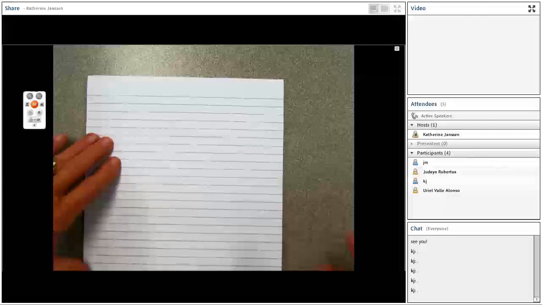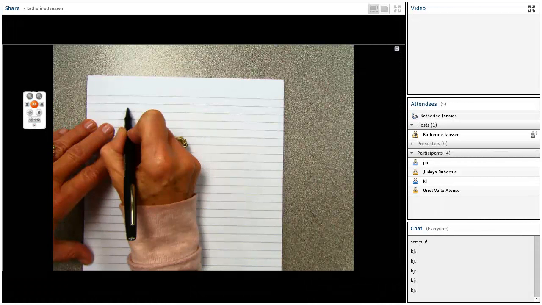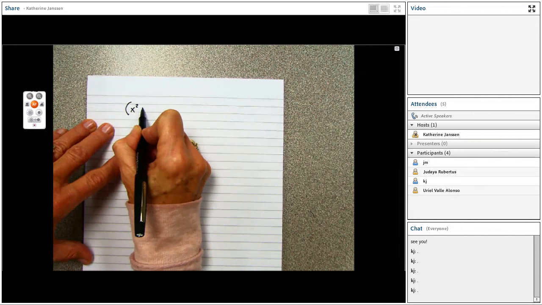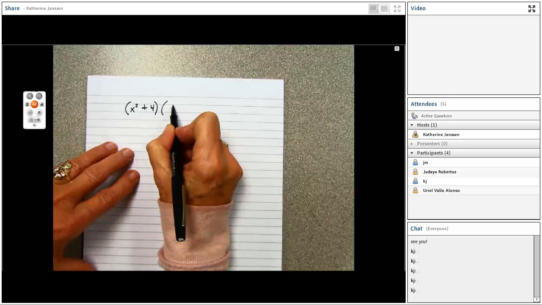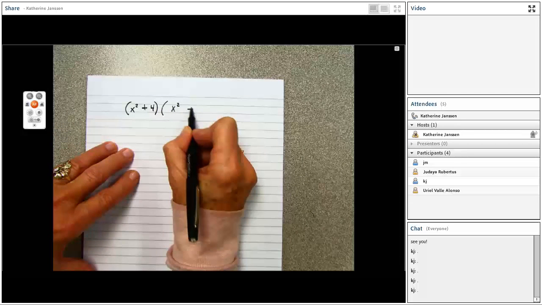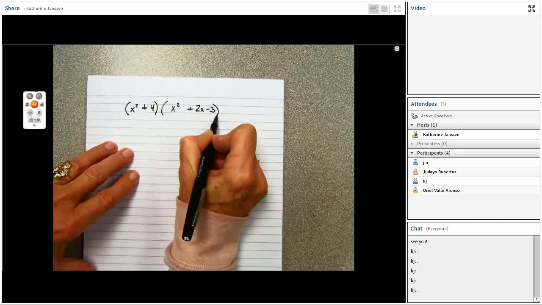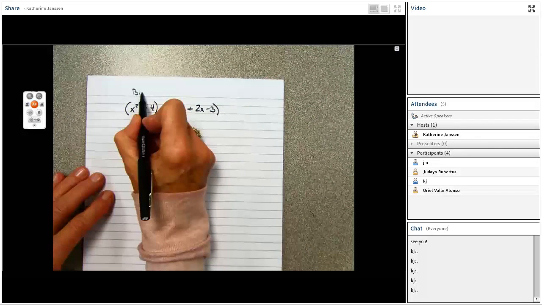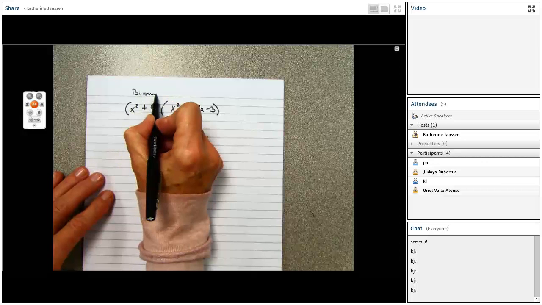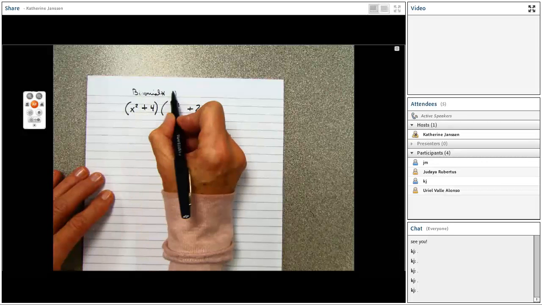Our next example, we have x plus 4, the quantity, times x squared plus 2x minus 3. We're multiplying polynomials. Actually, this is a binomial times a trinomial.